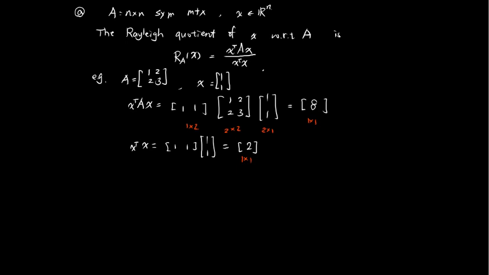I want to point out that this is a convention: these are actually matrices, but they are treated as numbers because they are just 1 by 1. So when you do the Rayleigh quotient, you simply take 8 and divide it by 2.